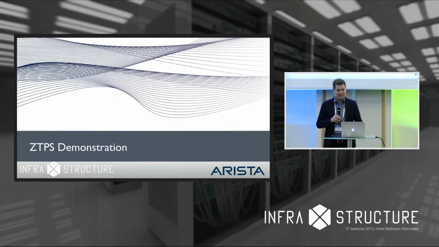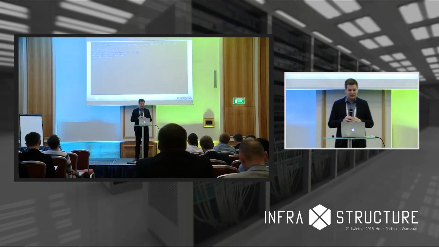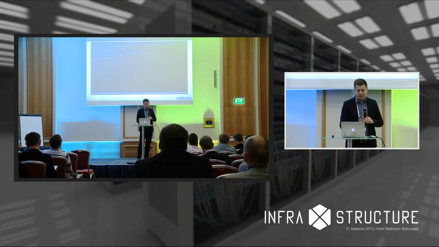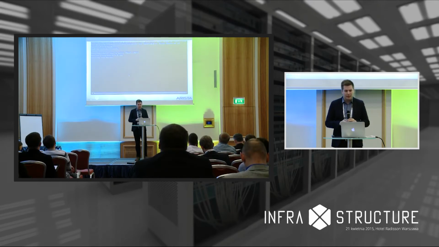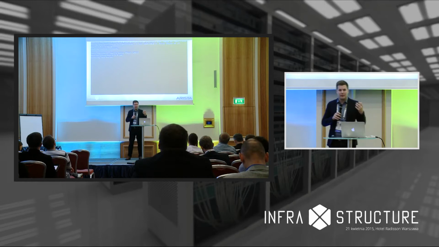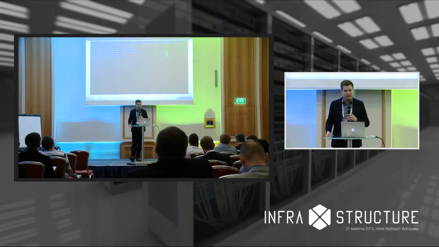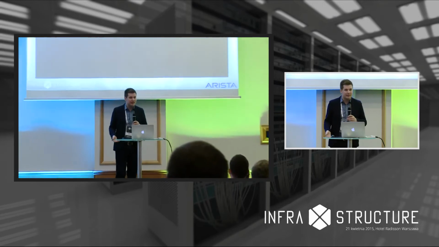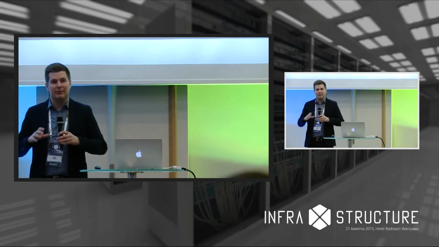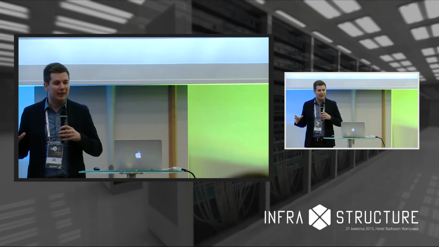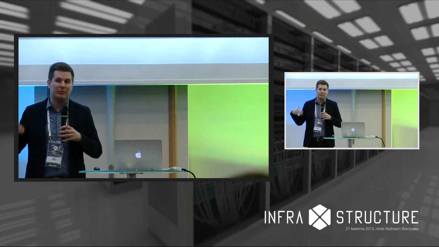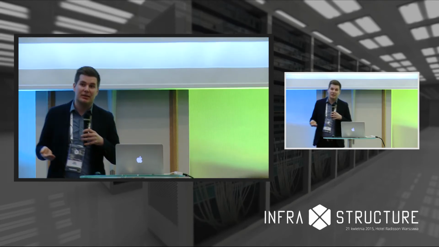I know there's a lot of slides there, maybe a lot of technical content, but I'd like to give you a little demonstration of how this would work in practice. So this is the normal boot process of an Arista switch. There's nothing new here. It's booting into the Linux kernel, which all of the devices are built on. We're built on top of a stock Linux kernel, which has been unmodified, and then all the processes are loaded into user space.